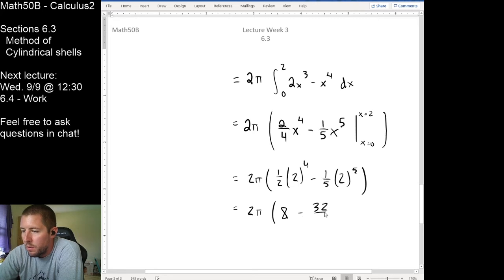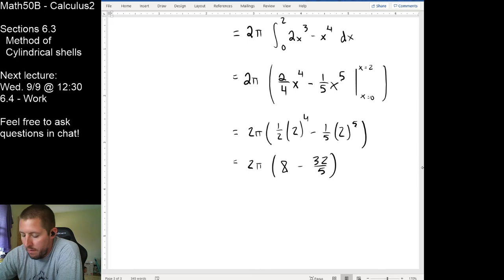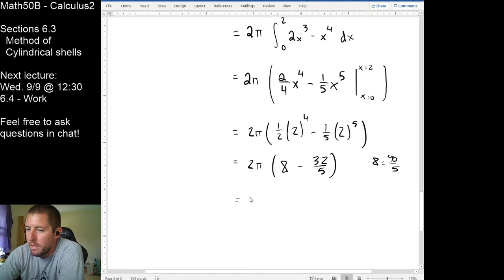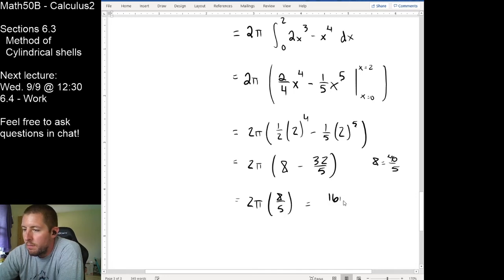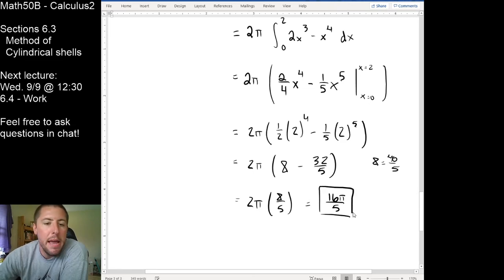Minus 32 fifths. Ugh. I guess 8 is 40 fifths. And so 40 minus 32 will give me 8 fifths. And so 16 pi fifths. And we've managed to compute our volume there associated with that guy.